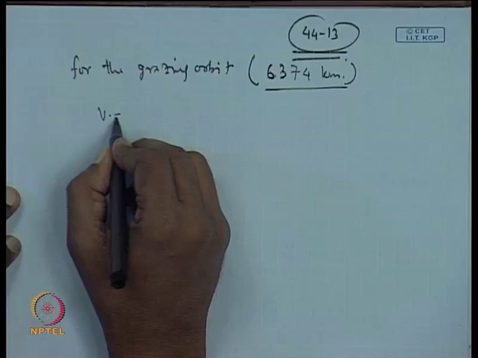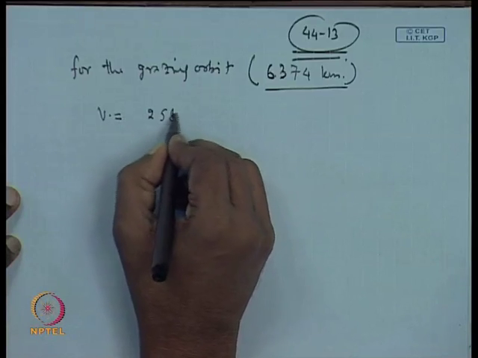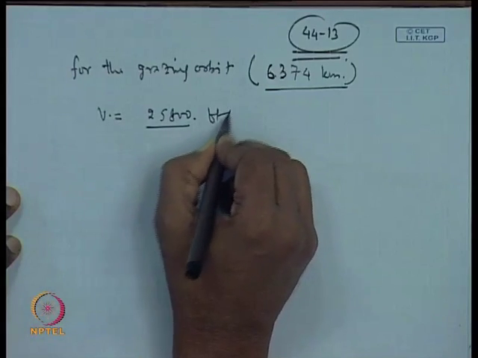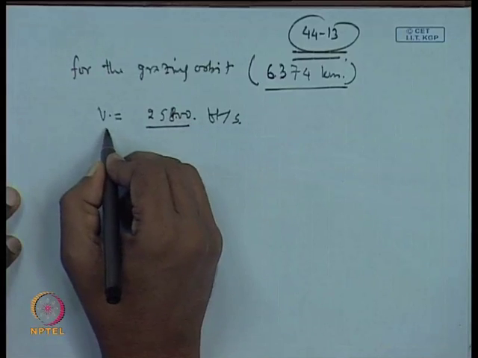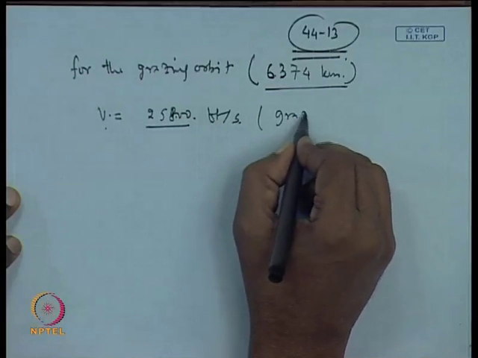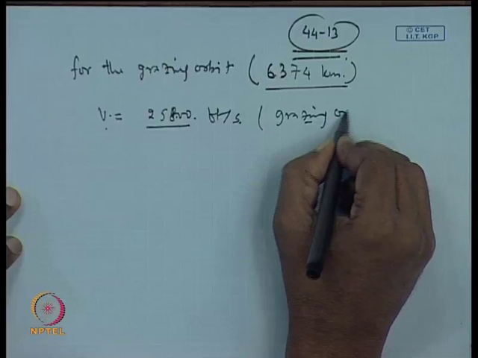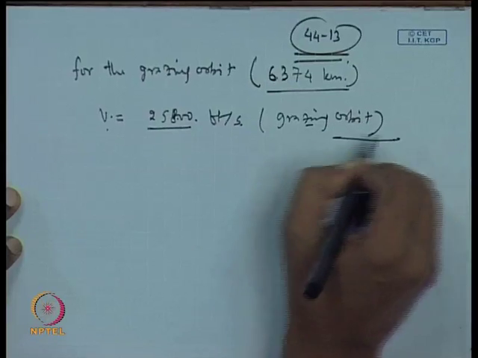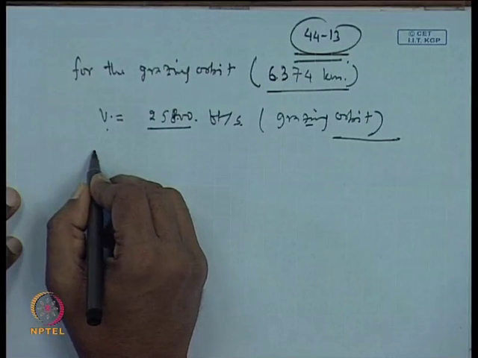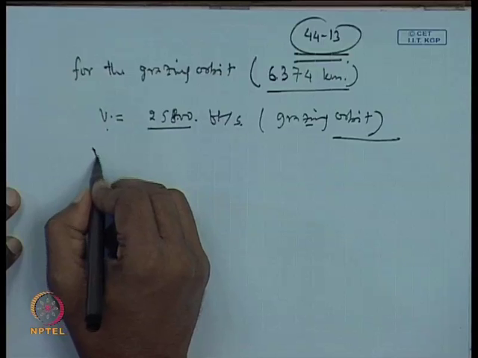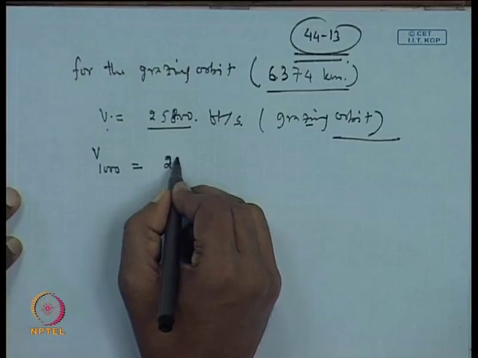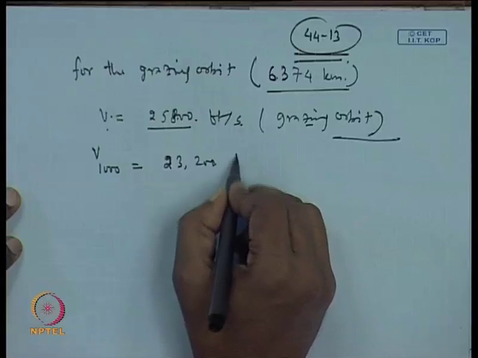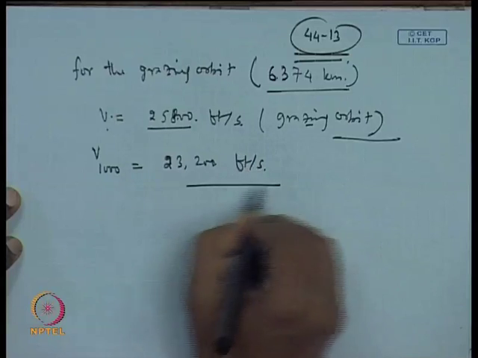We can write V equal to 25,800 feet per second. This is for grazing orbit. If we go to 1000 miles up, V 1000 can be written as 23,200 feet per second.